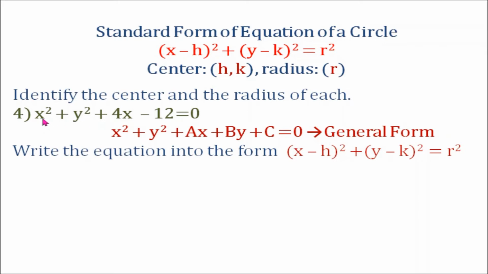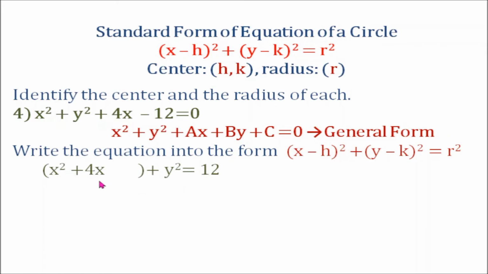In this case, we have x squared and 4x, and we only have one term that contains y. And then we are going to move the constant to the right side of the equation. So we have here the quantity x squared plus 4x, and then plus y squared equals 12.